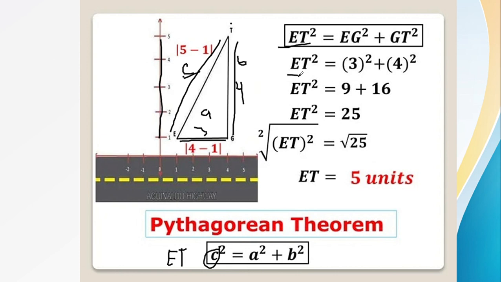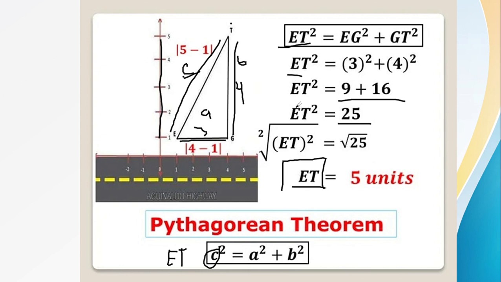So we will find ET, the distance of ET. Since EG is equal to 3, we have 3 squared, and GT is equal to 4, so we have 4 squared. 3 times 3 is 9. 4 times 4 is 16. Add them, we have 25.